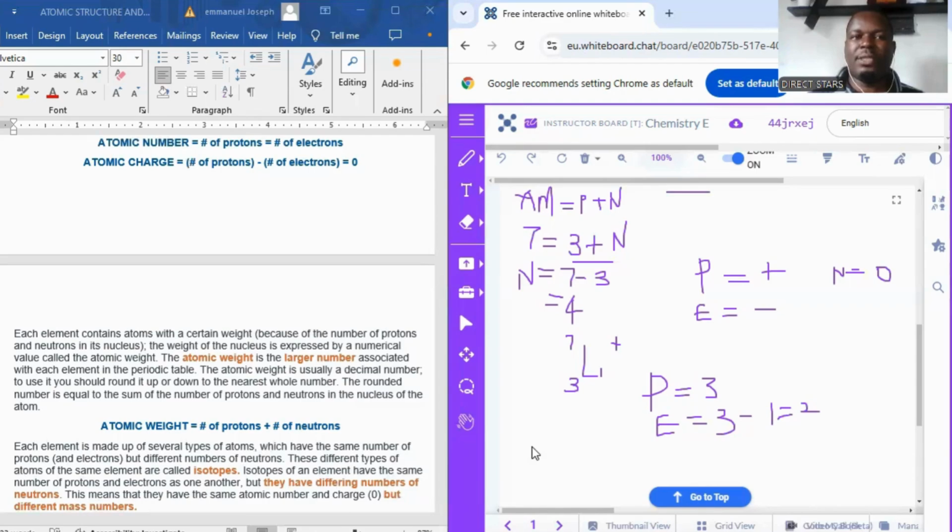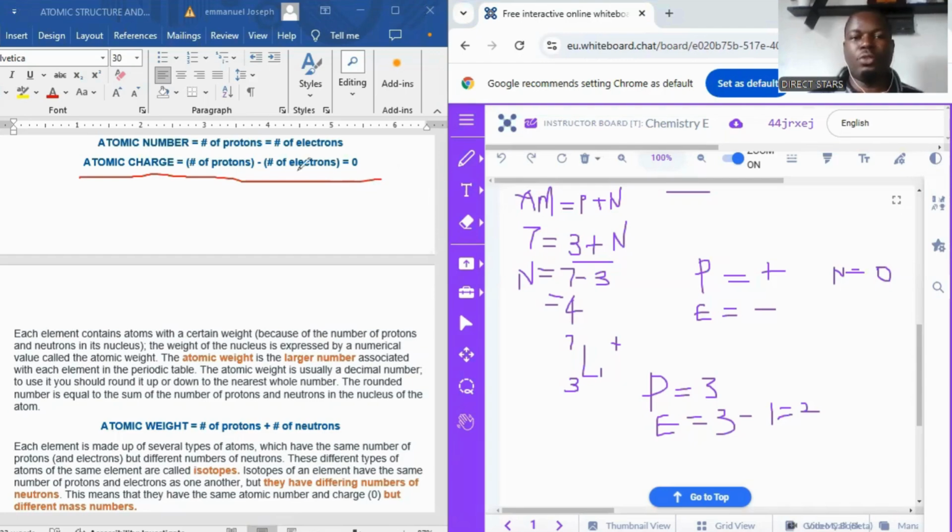The formula for this is atomic charge, as you can see on the left screen. The atomic charge is equal to the number of protons minus the number of electrons. So that should give you your charge.